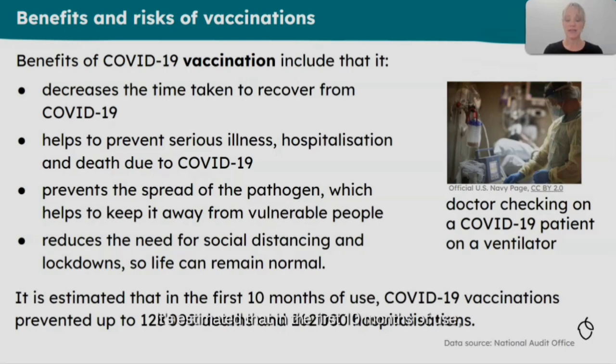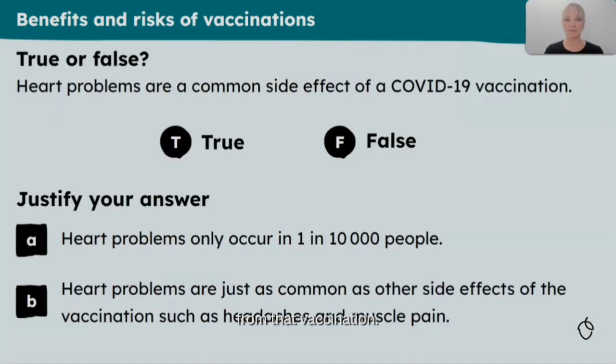It's estimated that in the first 10 months of use, the COVID-19 vaccination prevented up to 128,000 deaths and 262,000 hospitalizations. So that is absolutely massive. And so you can see that the benefit of having that vaccination really outweighs your risk of getting something more severe from that vaccination.